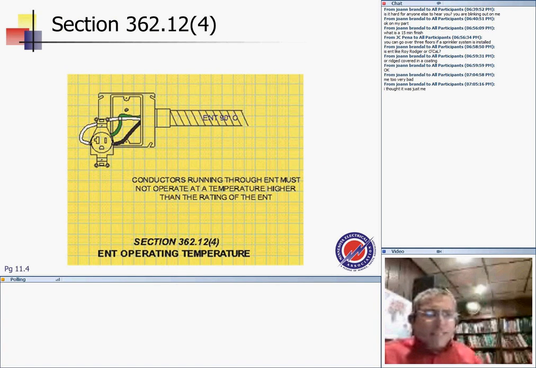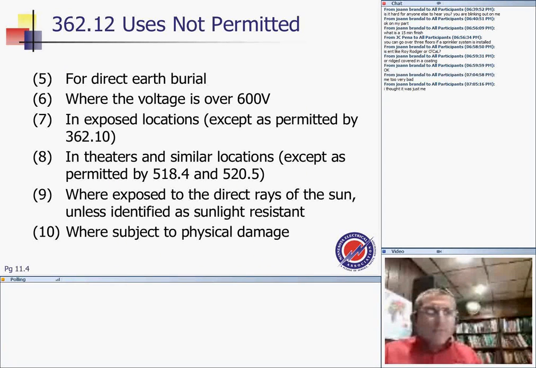Also, guys, the temperature, they changed this one. You can install a high temperature conductor in this conduit as long as you limit the ampacity of the conductors to the temperature of the conduit. This is permitted. You can't use it exposed in the air.